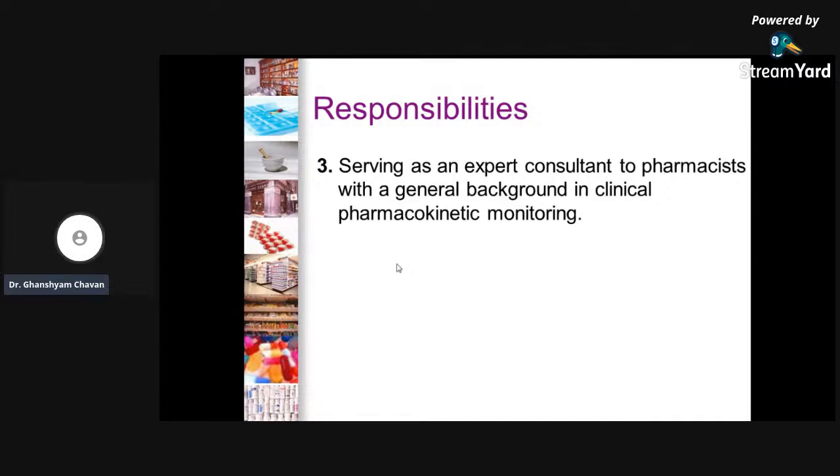So like that, this information on TDM or clinical trials is done by the principal investigator, who is a clinical pharmacist, so they can consult with the pharmacists and teach them.